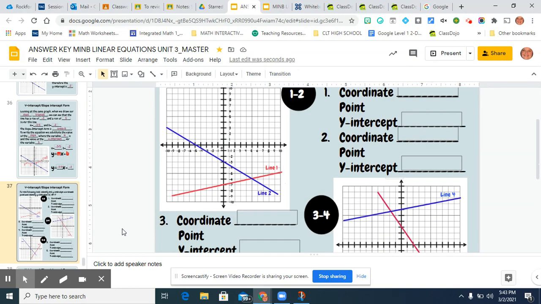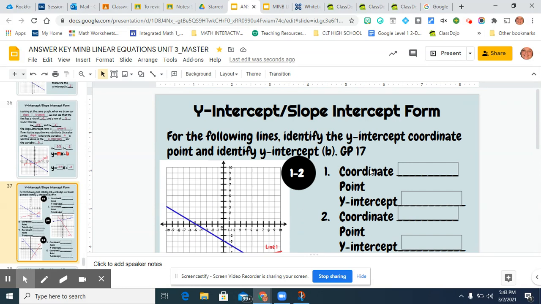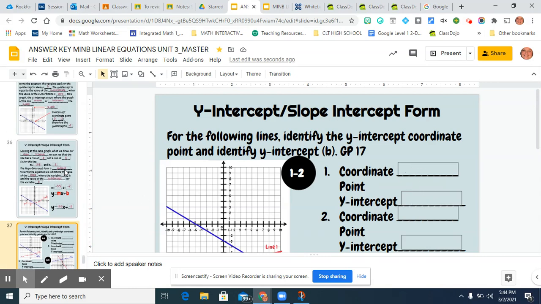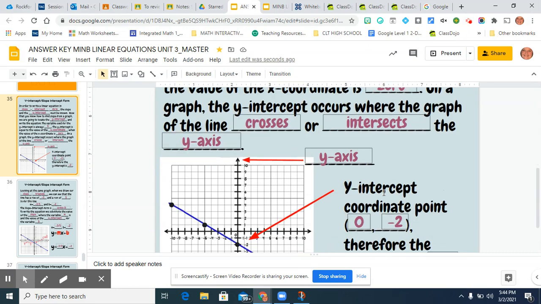Moving on, your assignment today on your GP17 gives you 3 graphs, 2 lines on each graph. Each line is its own independent problem. I want you to write the coordinate point and the y-intercept. The coordinate point should be in parentheses, and the y-intercept is just the y-coordinate from this point, just like we found on our first page of notes.